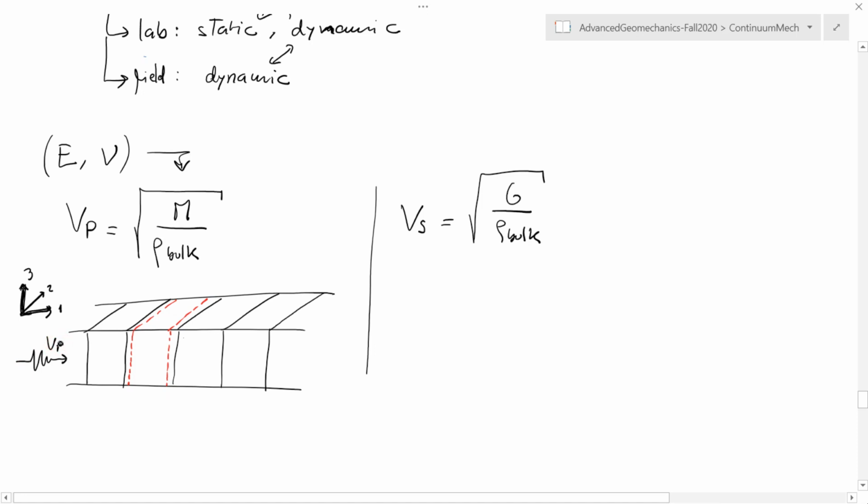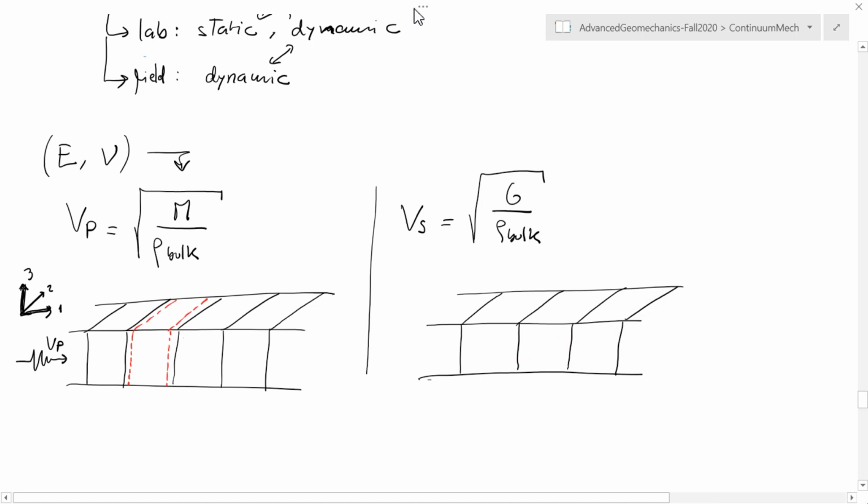For the shear wave, it's the following case. If I have, again, the same prismatic bar within a three-dimensional medium, the shear wave is going to propagate by a distortion of this solid within the medium.